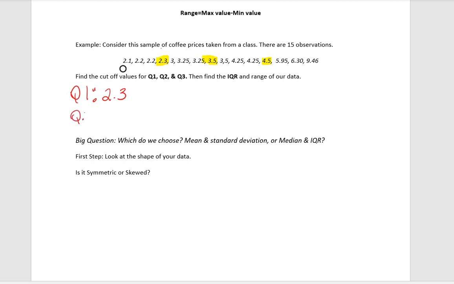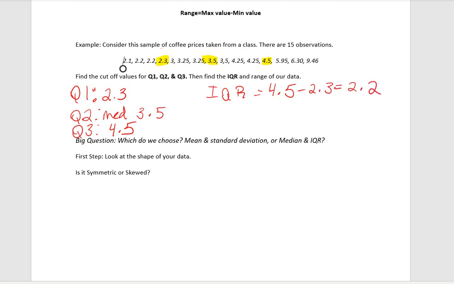Our second quartile, this is also called the median, is going to be 3.5. And Q3 is going to be 4.5. And the IQR is going to be our third quartile minus our first quartile, which is going to be 2.2.